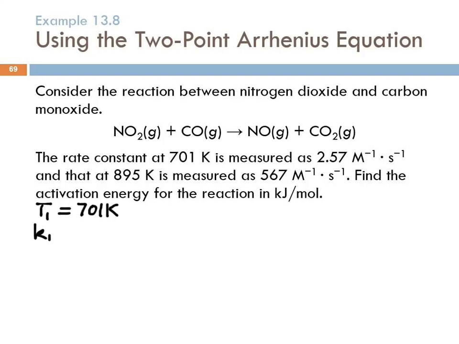And k1, rate constant at that temperature, is 2.57 m to the minus 1, s to the minus 1. T2 is equal to 895 Kelvin, and k2 is 567.